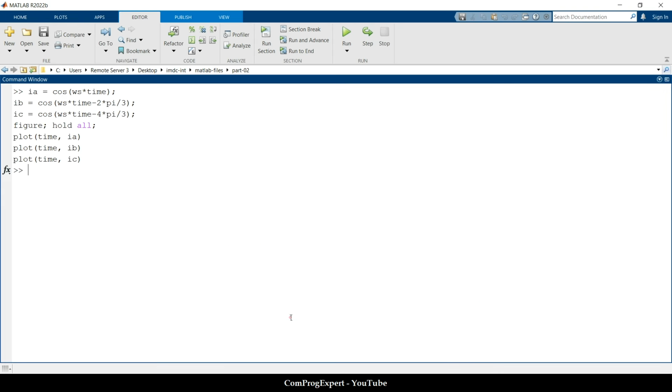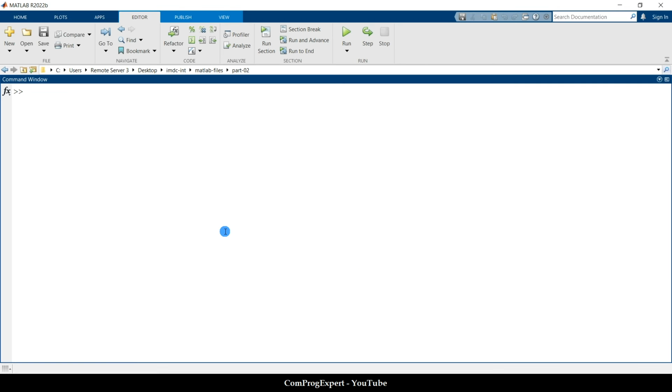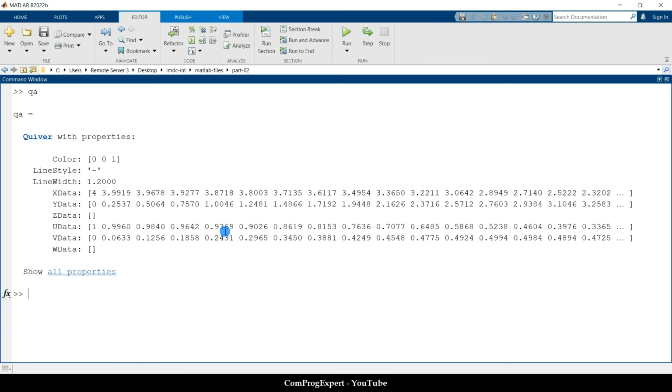Here is the quiver plot of the phase A. Let's run this code again because I deleted the graph. This is the quiver plot of the phase A. I can modify the U data and V data. These are components of the flux density vectors.